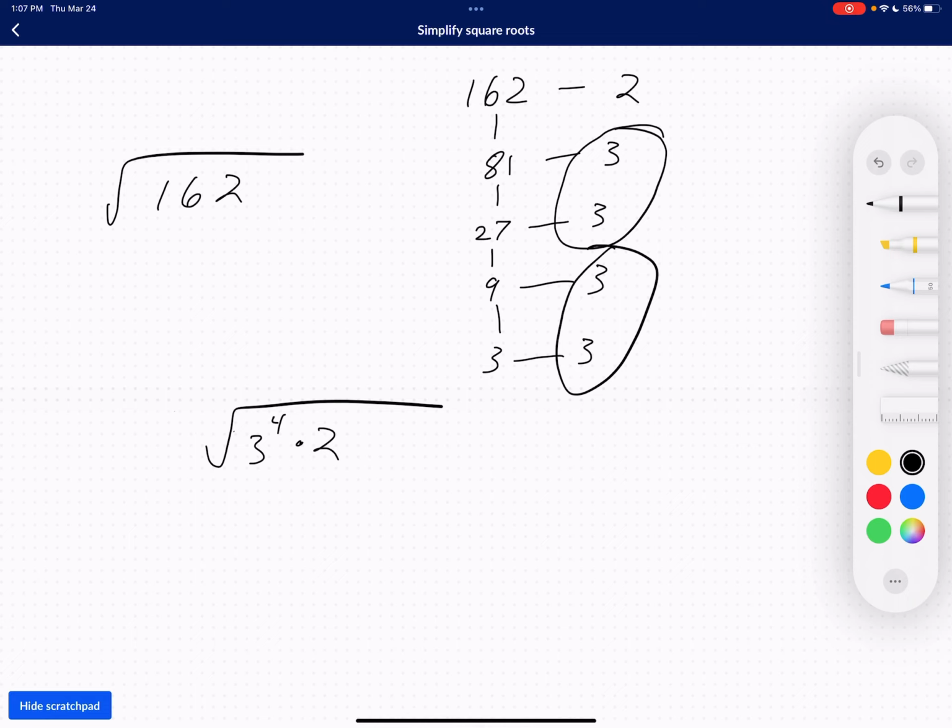I divide when I break it up, and then I want to break this out of the bar, my 3 comes out of the radical bar, and the new power is going to be the old power divided by the index, which is 2. 3 squared is 9, and I get the exact same answer.